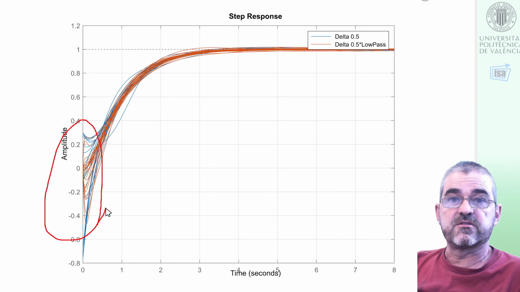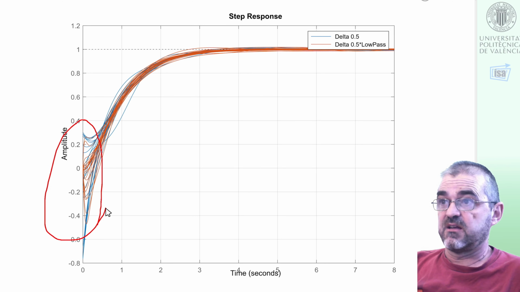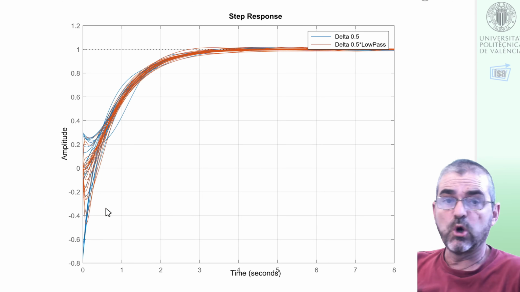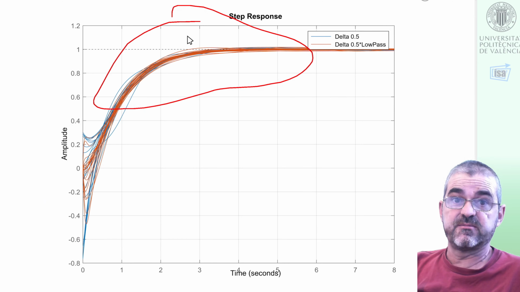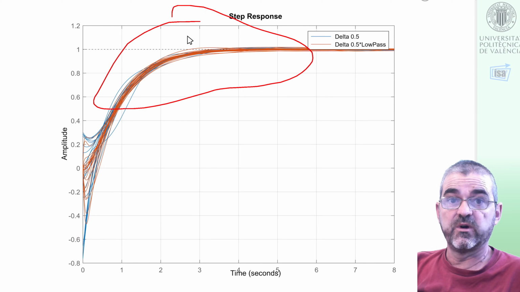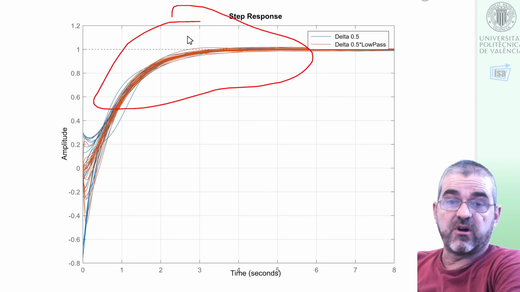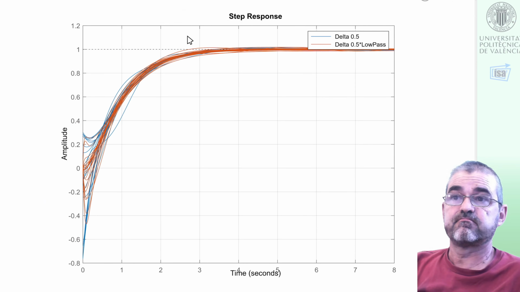So the uncertainty gets here, but regarding settling time, rise time, etc., all simulations in this part of the plot are roughly similar, and that's what we were seeking in our robust performance problems.